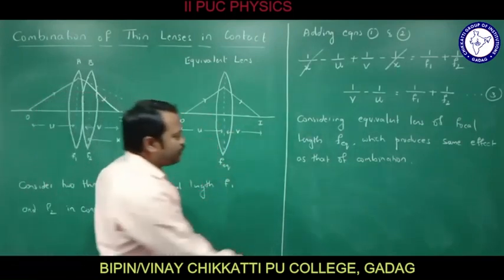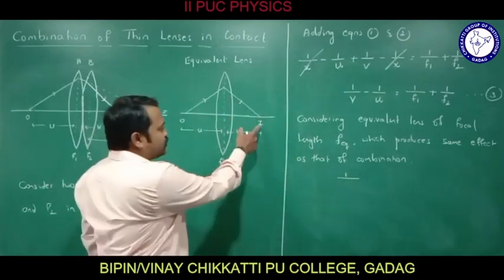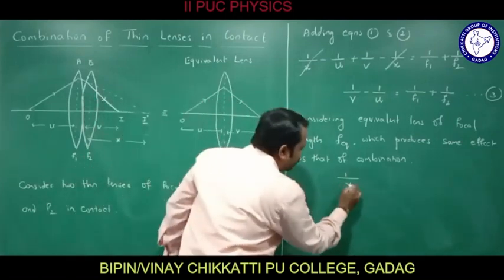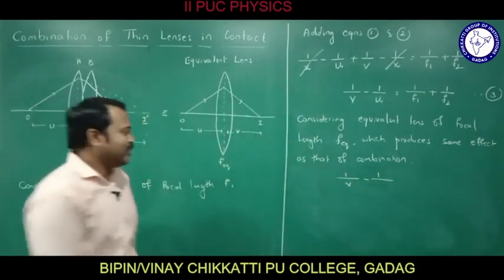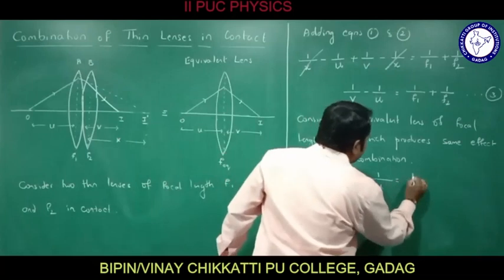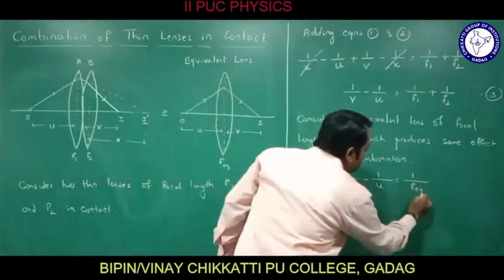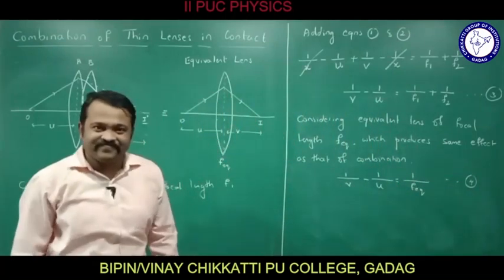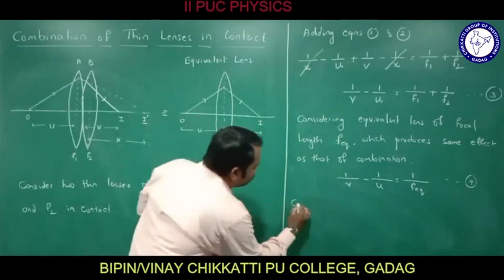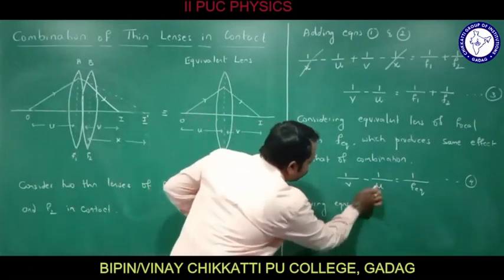What is the thin lens formula? 1 divided by image distance. What is the image distance? V, minus 1 divided by the object distance, U. That is equal to 1 divided by the focal length, that is F equivalent. Let me take it as equation number 4. Now comparing equations 3 and 4.